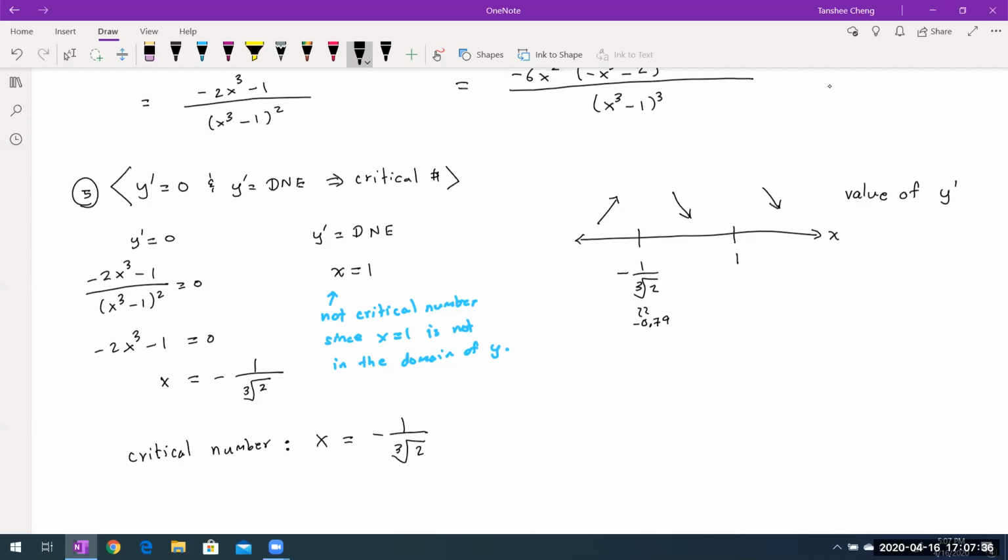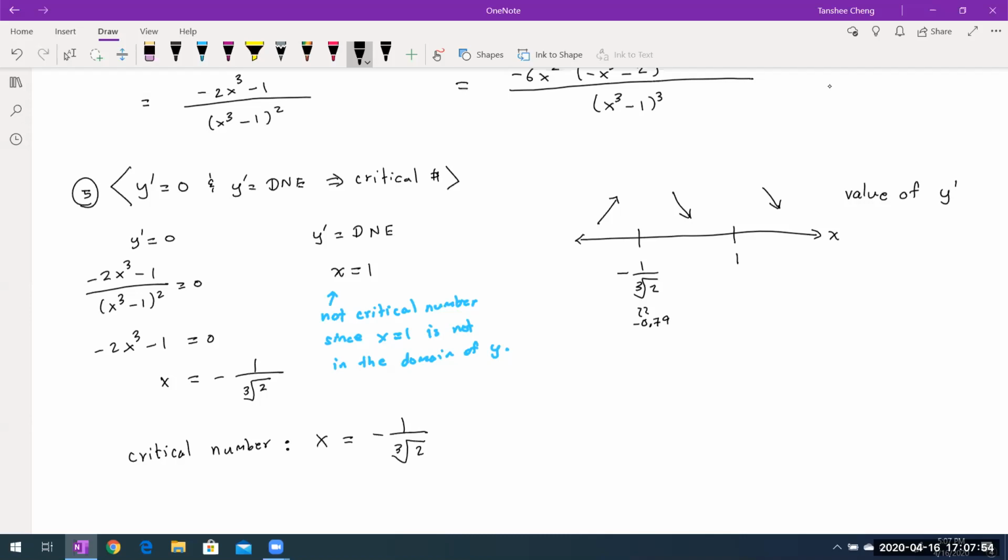And so using that, we break it down into intervals. We have this negative 1 over cube root of 2, which is approximately negative 0.79.